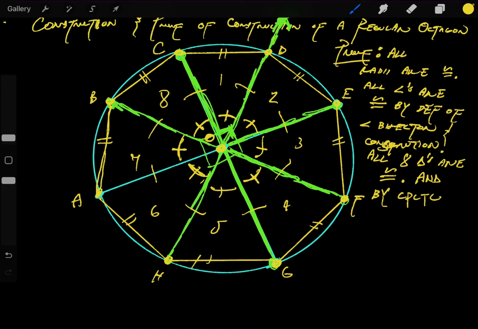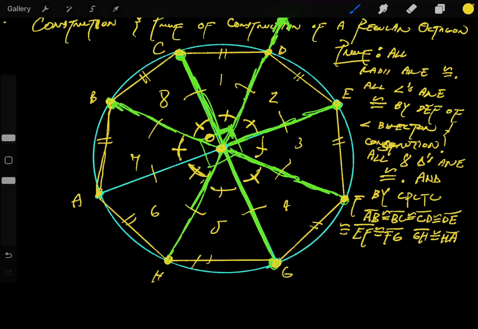So I have AB is the same as BC, CD, DE, EF, FG, GH, HA, all congruent. And that shows that all the sides are congruent. Now we need to show that all the angles are congruent.